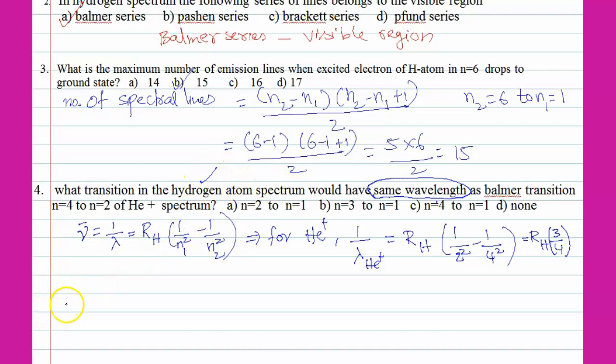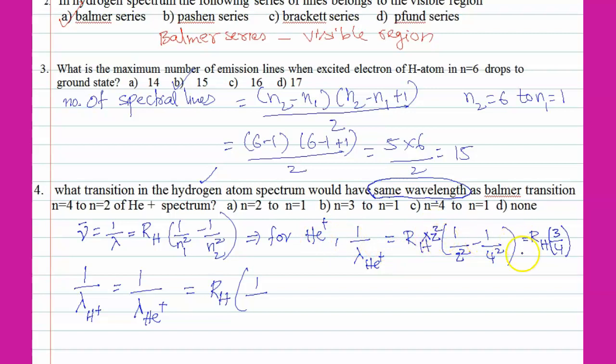That means 1 by lambda H equals 1 by lambda He plus. They gave this data. In the case of hydrogen, RH into (1 by n1 square minus 1 by n2 square). Students, here Z square also is there, because for helium we have to multiply with Z square.